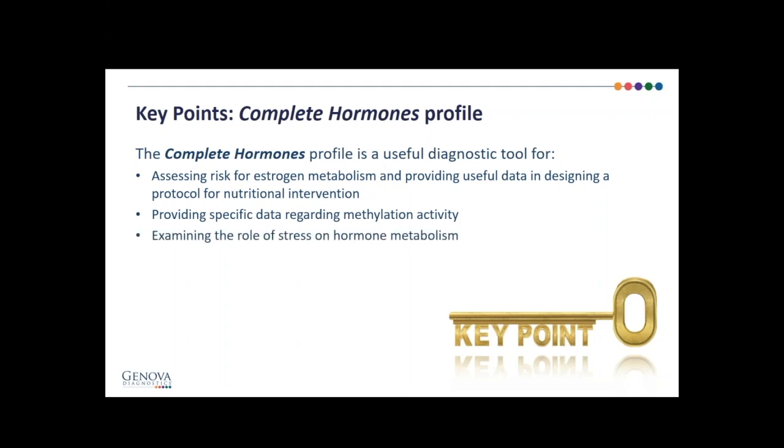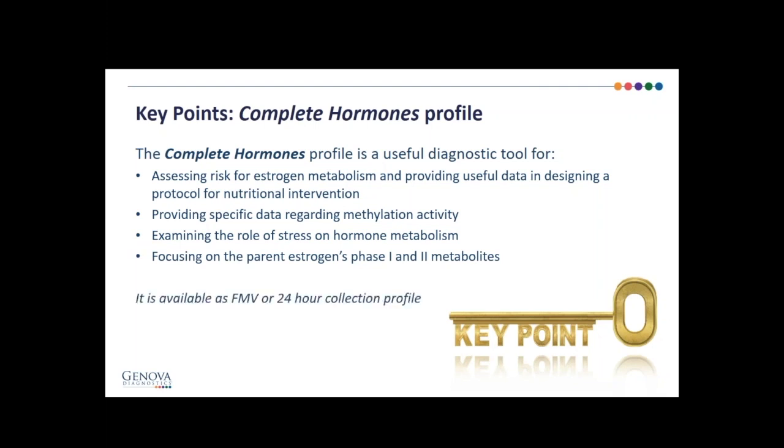Our anabolic-catabolic balance can speak to a catabolic balance whereby stressors are pushing the progesterone into cortisol to the detriment of androgens and estrogens. It helps us to focus on the estrogen phase 1 and phase 2 metabolites, key findings for risk assessment. It's available as a first morning void or 24-hour collection profile.